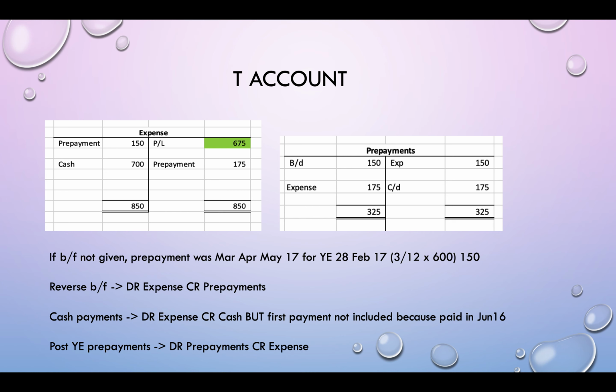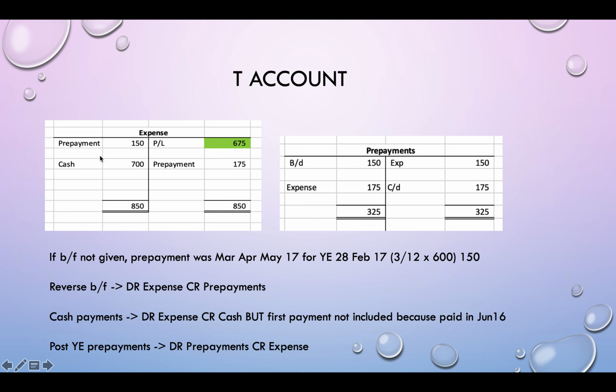If you want, what you can do is, you know that prepayments have a debit balance. Therefore, any brought forward will automatically go in the left section. And you know that 175 is the carried forward figure, so if it was carried forward here on the right, 175, then carried down will be on the left, 175.